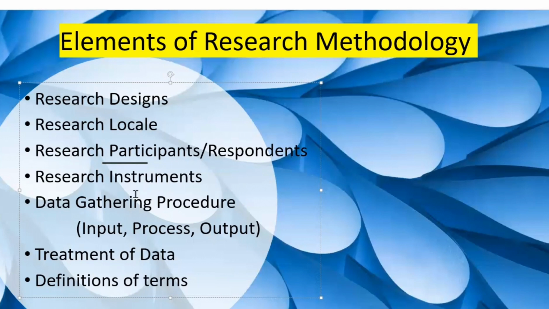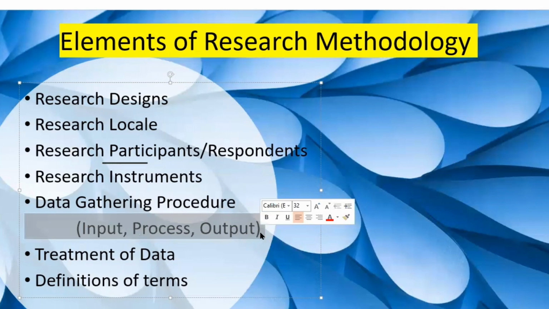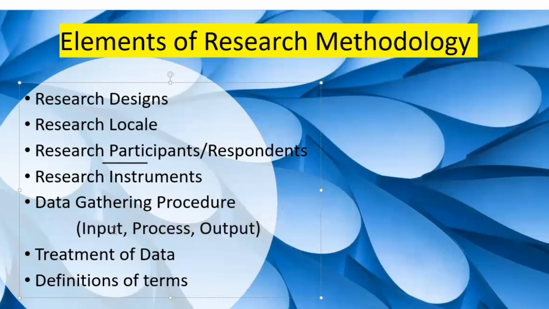Research instruments, data gathering procedure na kung saan makikita natin ang graph na kung saan merong input, process, output, or IPO. Mamaya ipapakita ko sa inyo ang mga itsura or halimbawa ng mga elemento, mga section na makikita natin sa loob ng isang research methodology.